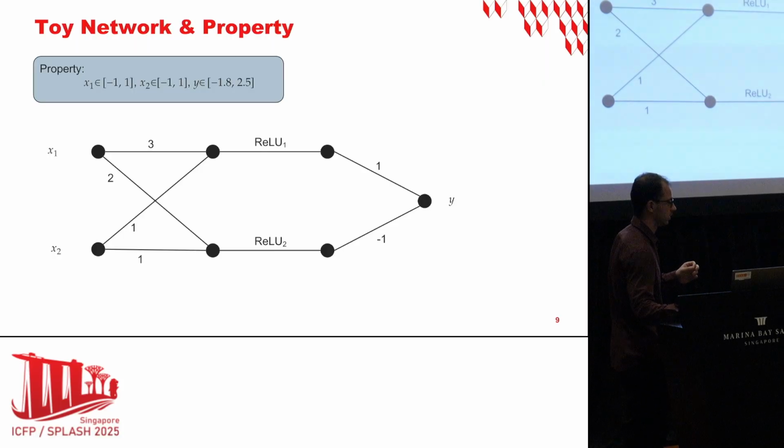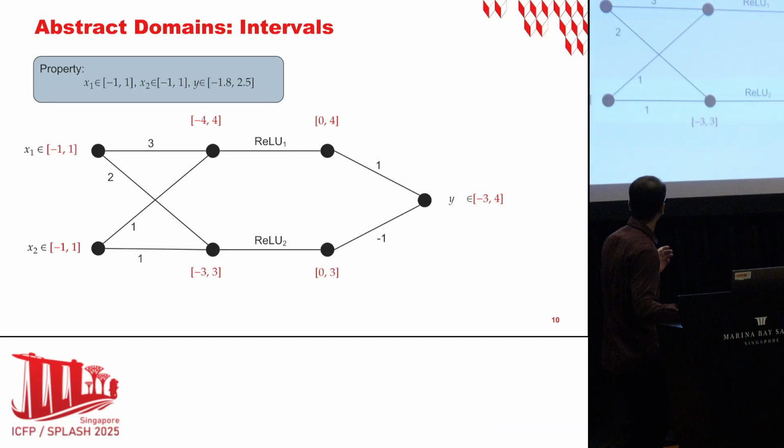So to illustrate these abstract domains, I'm going to use a toy network and property. So you have this little neural network. The property is that you have x1 and x2 between -1 and 1, and you have to prove that the output is between -1.8 and 2.5. So for the intervals, it's just classical interval arithmetic, but let me quickly walk you through it.